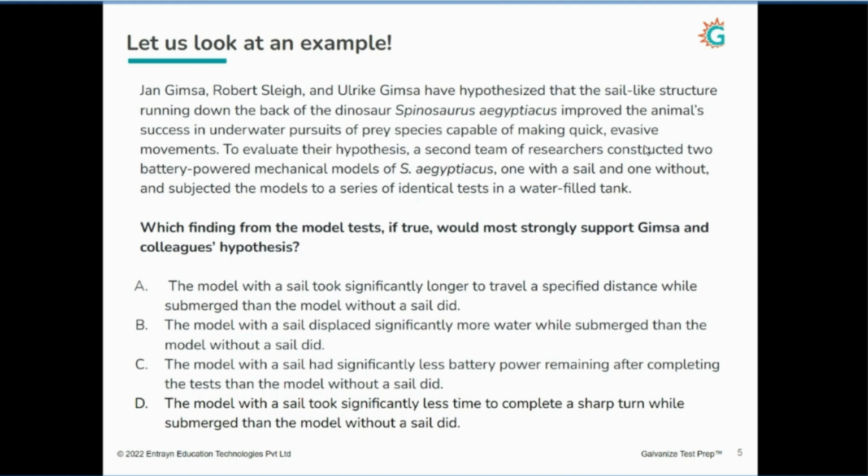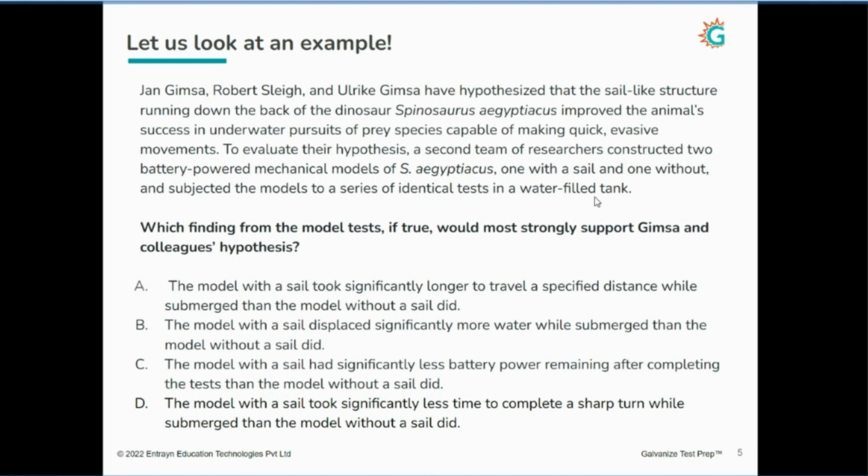D. Why is D the correct answer and why not A, B, and C? Because D suggests that the sail made it more efficient. It can do a complete short turn in less time. Okay. Why not A, B, and C?